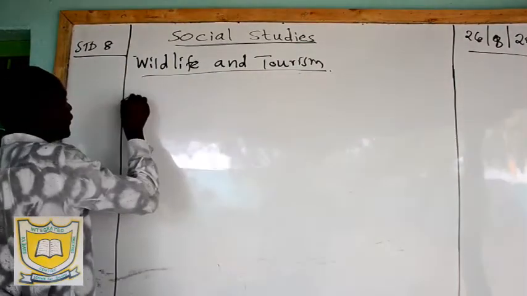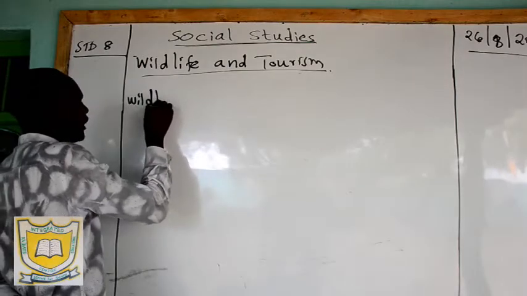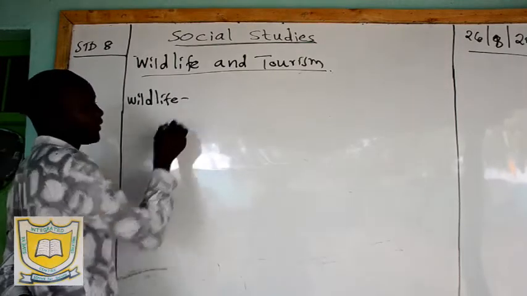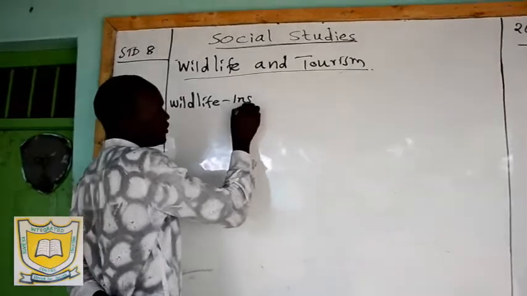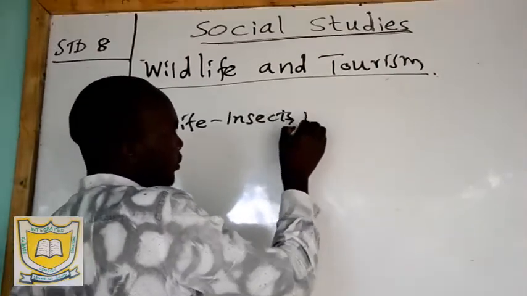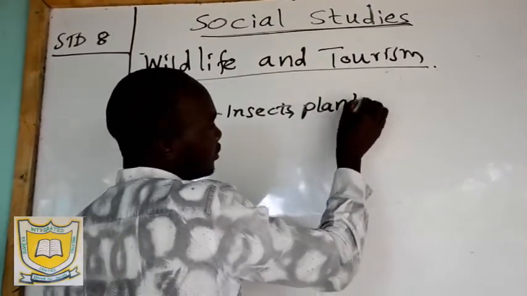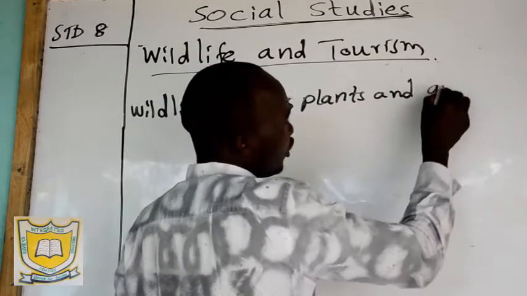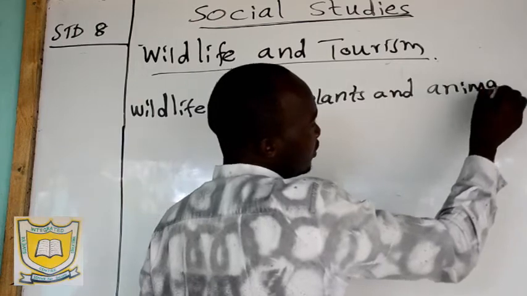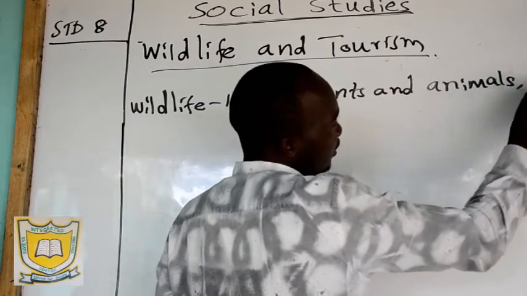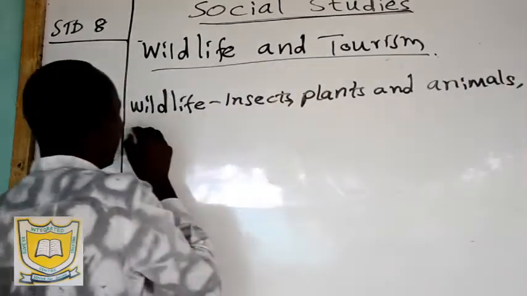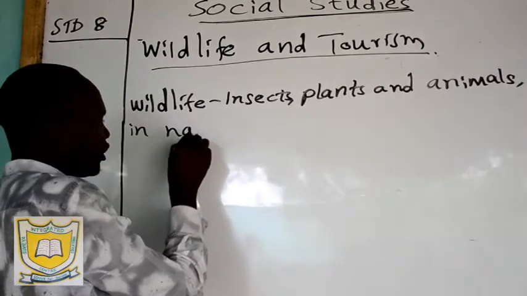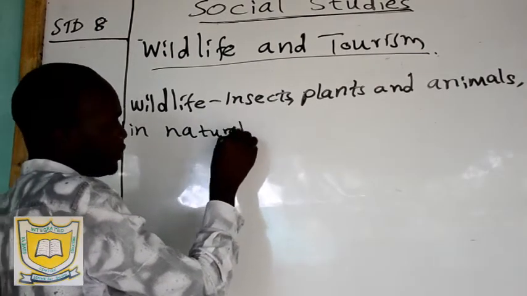Wildlife are insects, plants, animals, and birds in their natural surrounding.